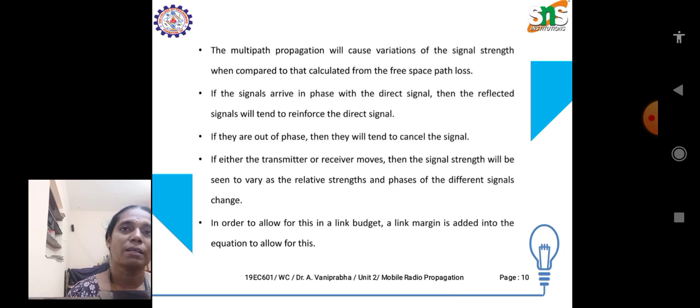Therefore, the resultant wave will be the difference of those two signals. If either the transmitter or receiver moves, then the signal strength will seem to vary continuously and the relative strengths and the phase of the different signals change. In order to allow for this, in a link budget, a link margin is added into the equation.